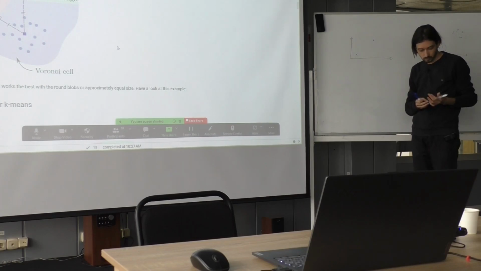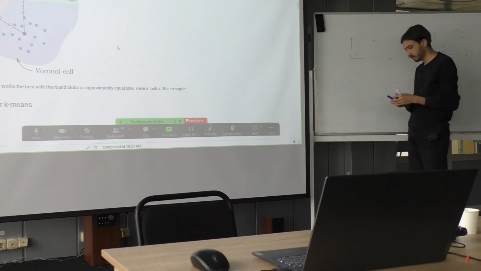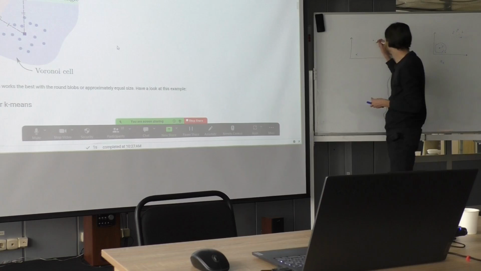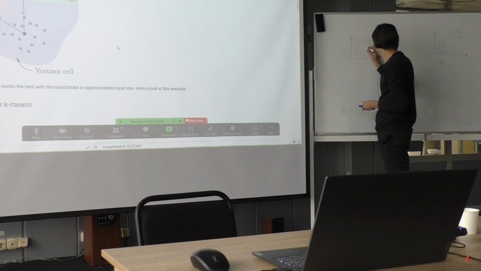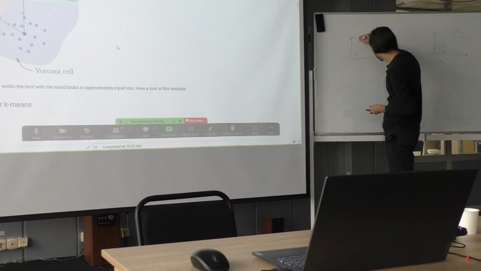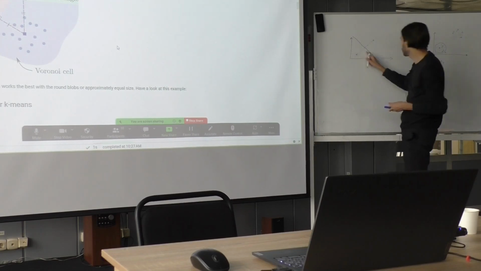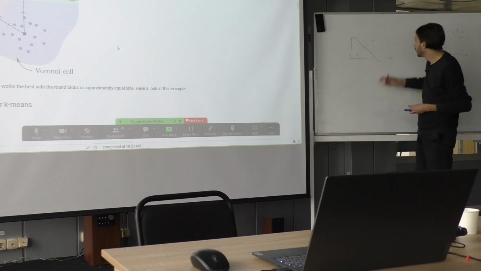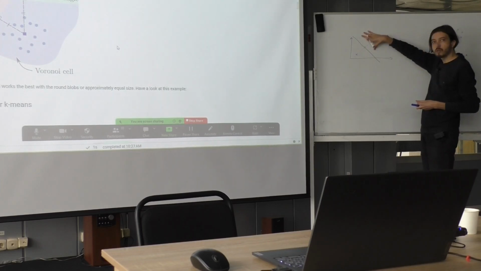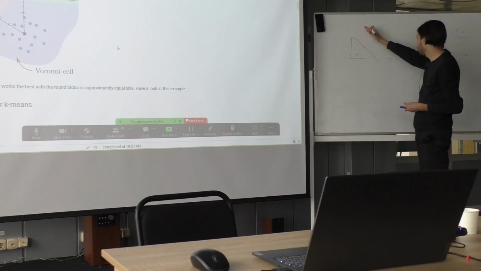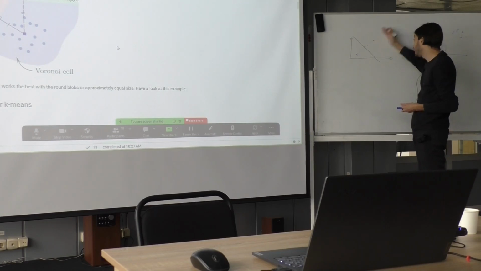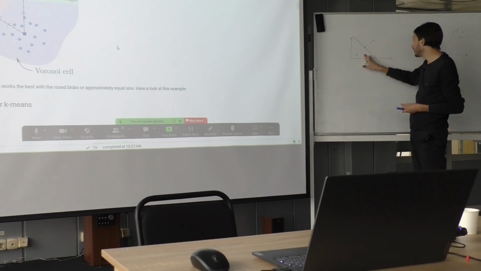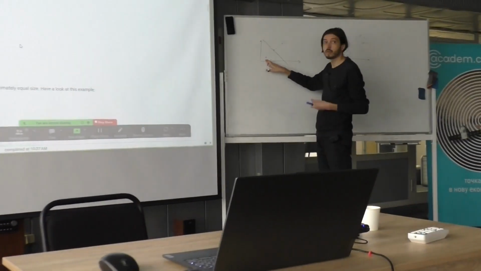Like connect those two points, find the middle, and then draw a line orthogonal to that connection. Yes, absolutely correct. So I'm drawing some line in here. This one is perpendicular. All the points that live in this half plane are closer to this one. All that live in here are closer to this one.